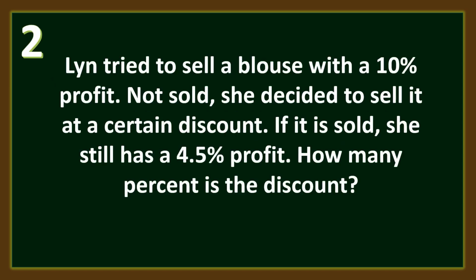Question number 2. Lynn tried to sell a blouse with 10% profit. Not sold, she decided to sell it at a certain discount. If it is sold, she still has a 4.5% profit.